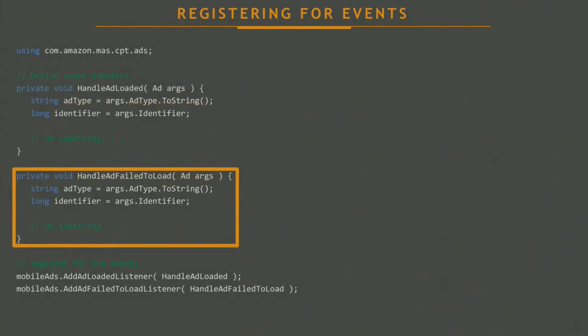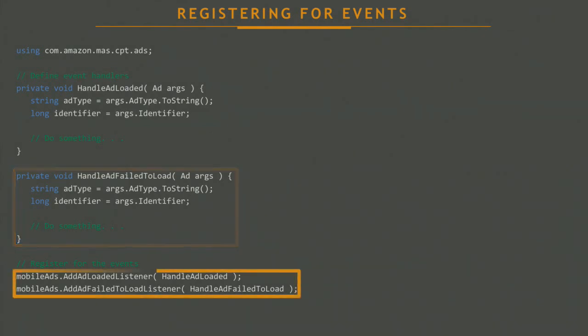Or maybe you want to handle ad errors in a particular way, so that if an ad doesn't load, you use a mitigation service, for instance, to rotate to a different ad provider and try to get some content from them. You can achieve this type of control through callbacks, which you define as simple functions in your C# script somewhere, as I've done here, and then you register them with the mobile ads wrapper that you instantiated at startup.